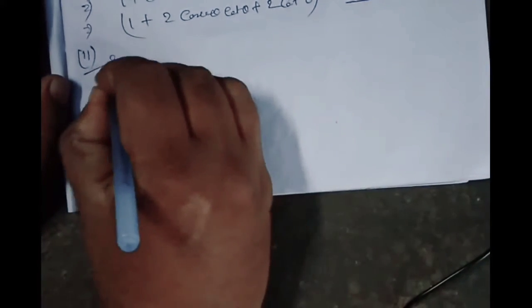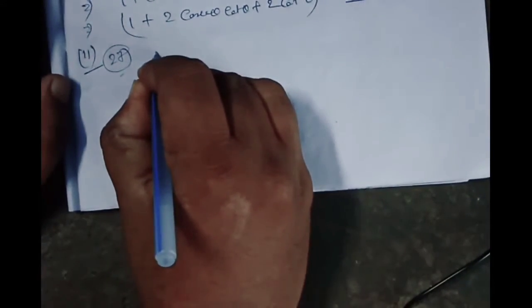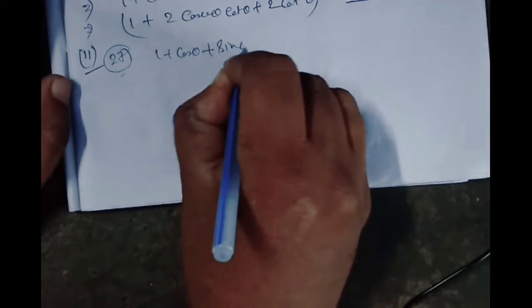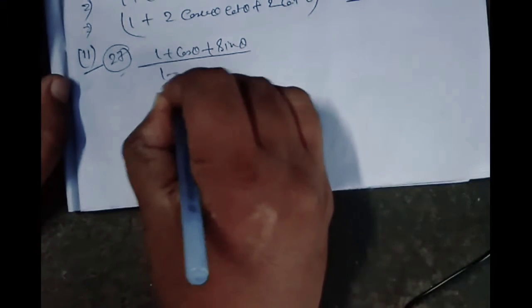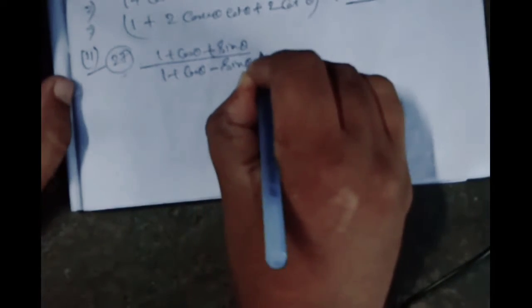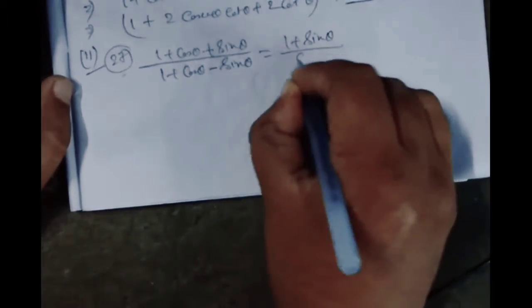Next move to question number 27. What is given in question number 27? We have to show that (1 plus cos theta plus sin theta) by (1 plus cos theta minus sin theta) is equal to (1 plus sin theta) by cos theta.